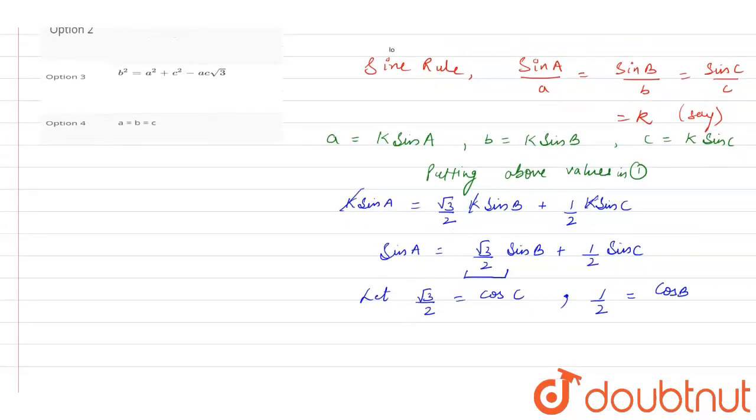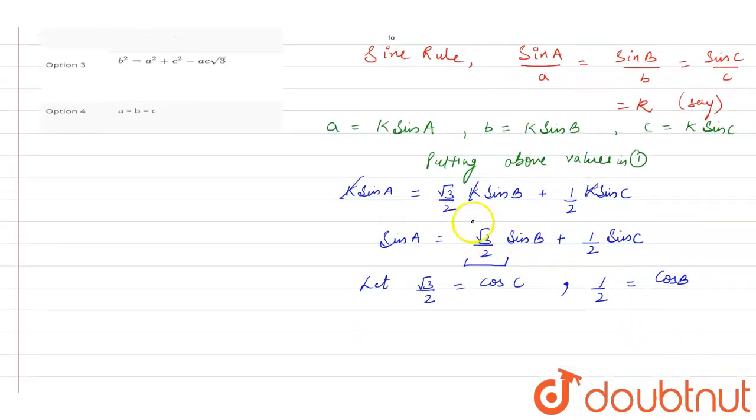If you remember, we have an identity with cos B, cos C, sin B and cos B sin C, right? The sin A cos B and cos A sin B identity. To make that identity, I am using these terms to replace root 3 by 2 and 1 by 2.